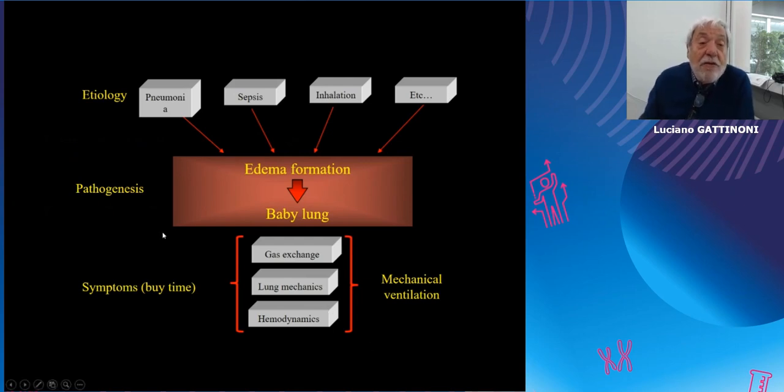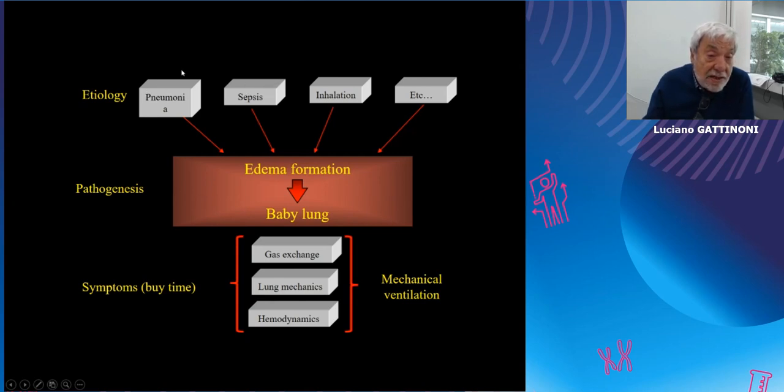ARDS, what we know about ARDS. What we know about ARDS, let's call classical ARDS, since Ashbaugh and Petty in 1967, derives from a database of patients mostly with pneumonia, bacterial pneumonia, or abdominal disease leading to generalized sepsis.